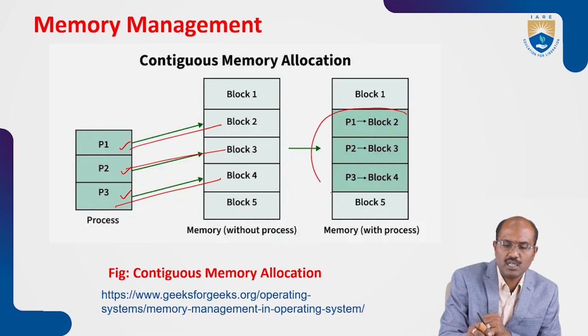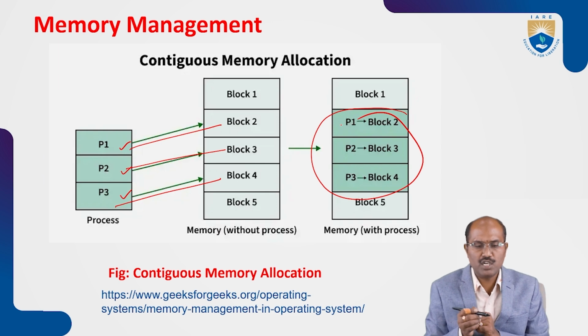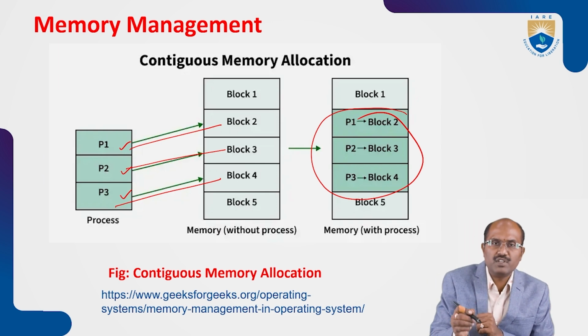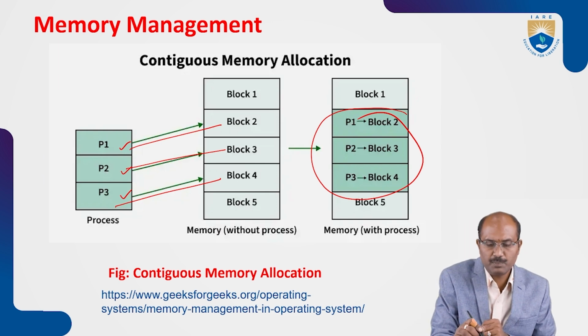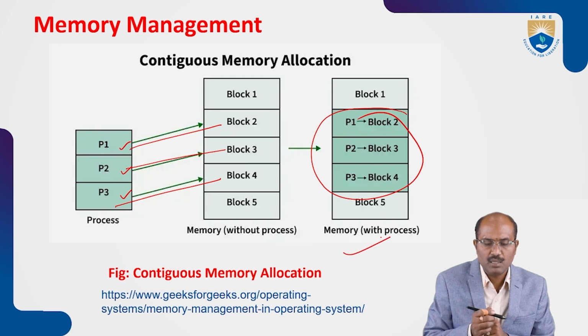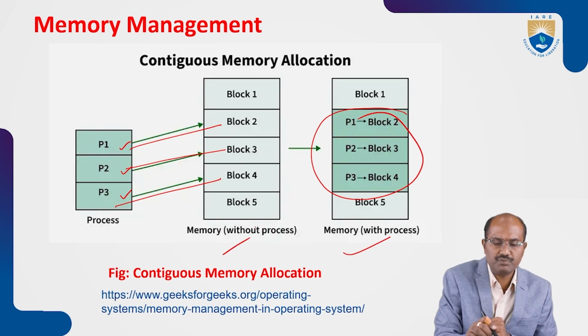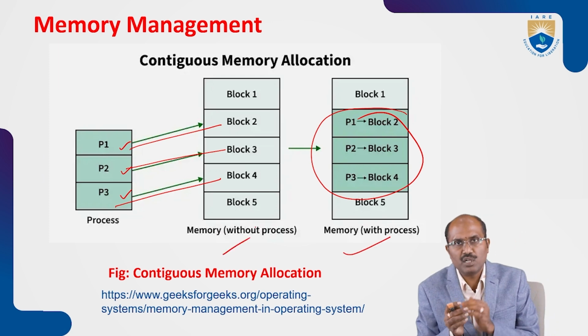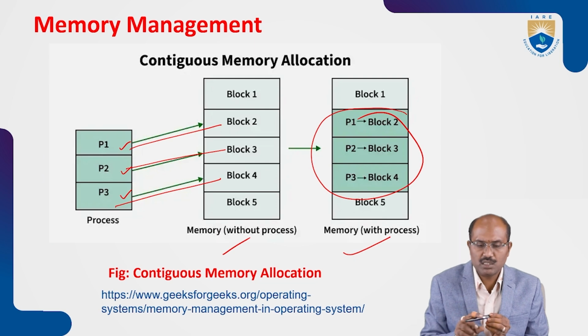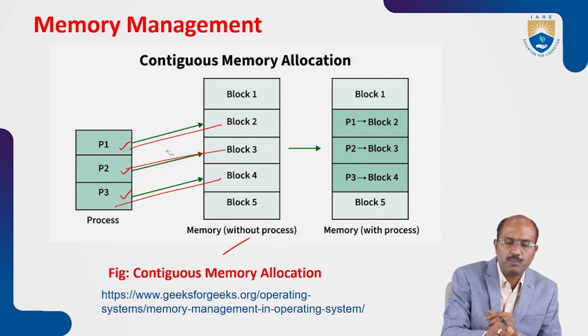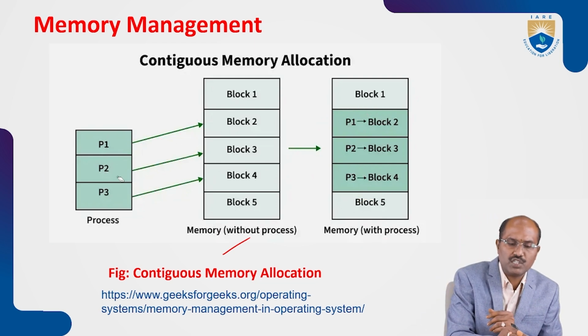This is contiguous allocation: memory with processes is contiguous. Memory without processes becomes memory with processes, and that depends entirely on contiguous memory allocation.